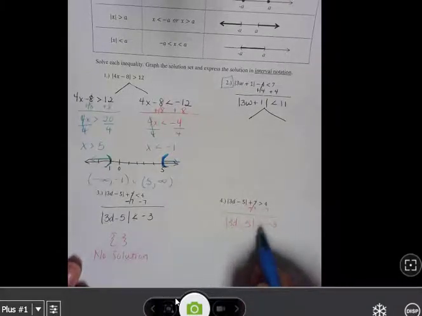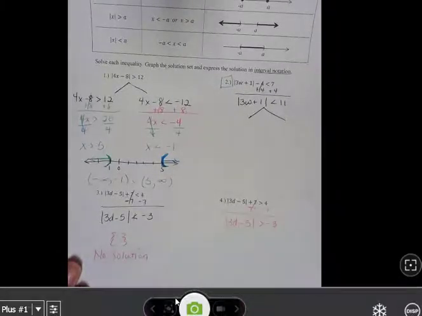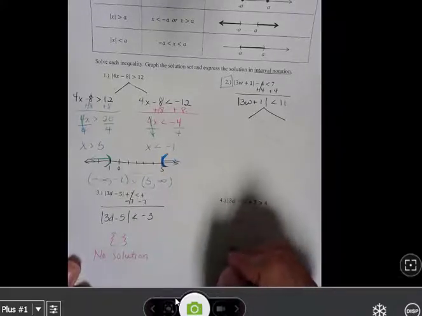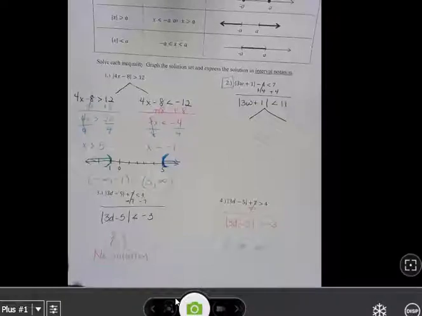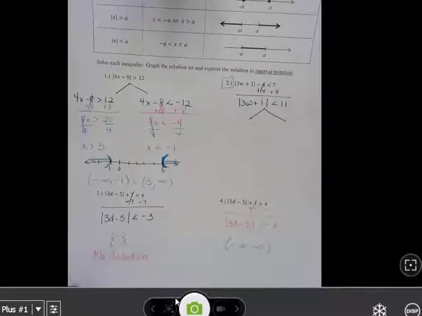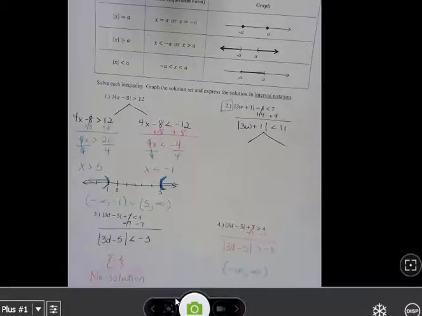Absolute value is always going to be greater than a negative number. So in this particular case, we have all solutions, which we would represent by negative infinity to positive infinity. Make sure you have that number 2 finished, and I will see you all tomorrow.